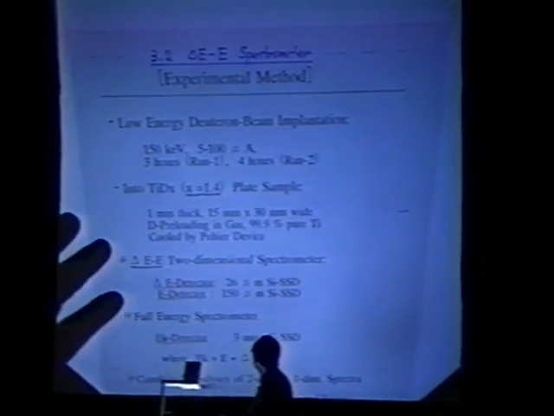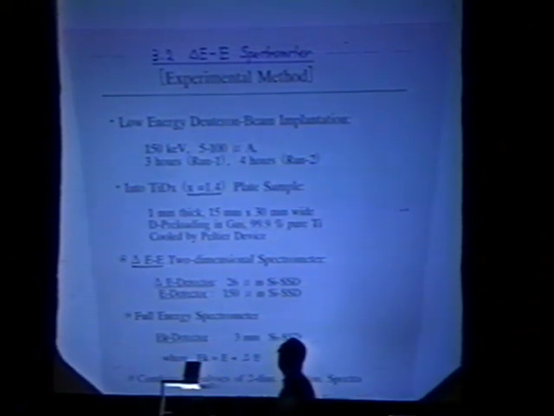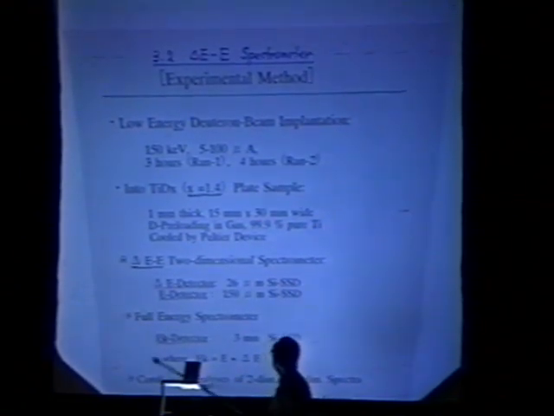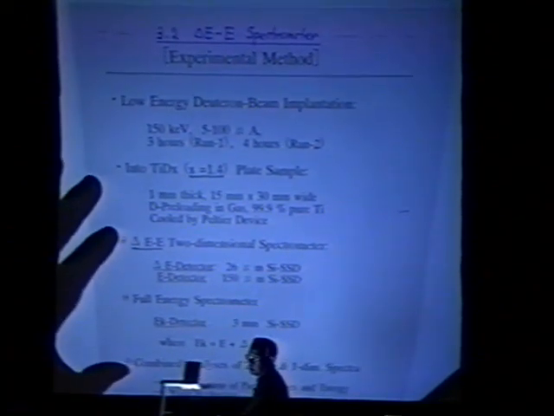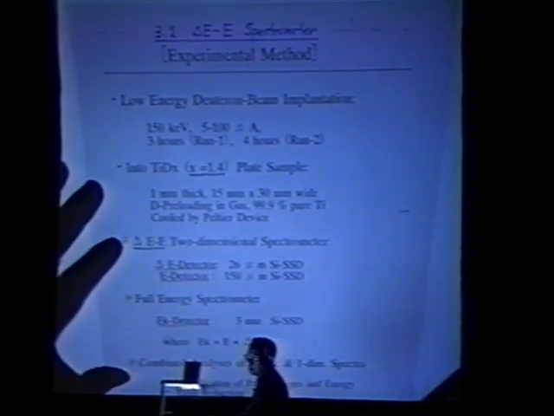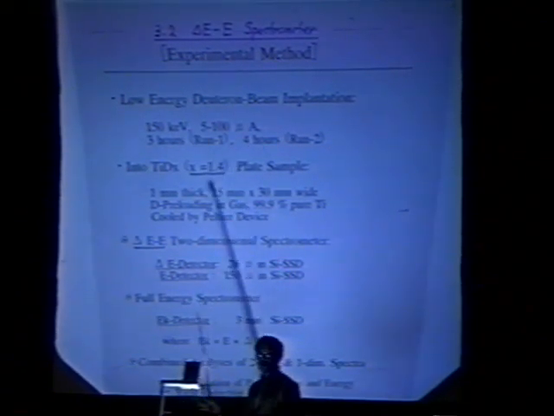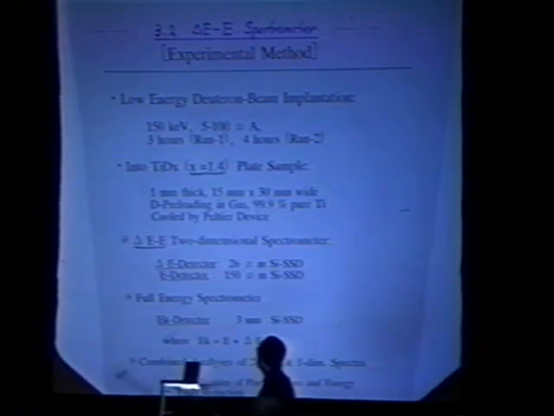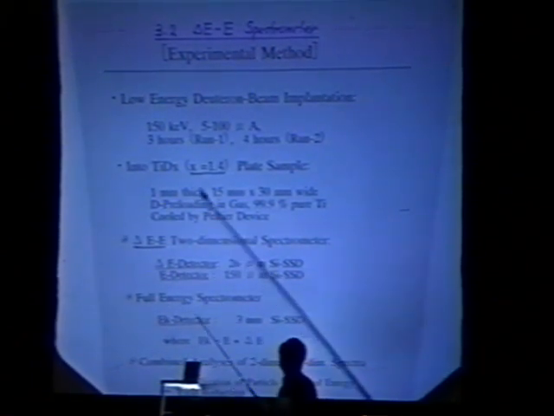For that purpose, the well-known technique is the counter telescope with a delta E-E spectrometer. However, in combination with one-dimensional analysis, that is necessary in this kind of measurement because we have to measure a wide range of charged particle spectrum from low energy to high energy. So we need a little modification from the conventional technique.